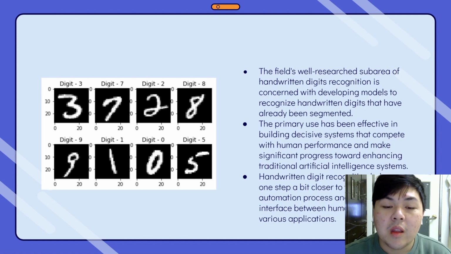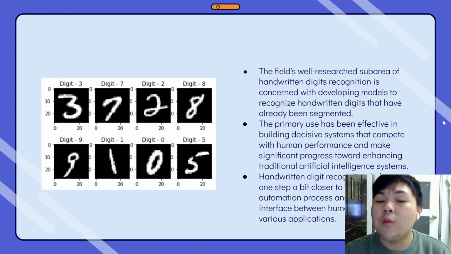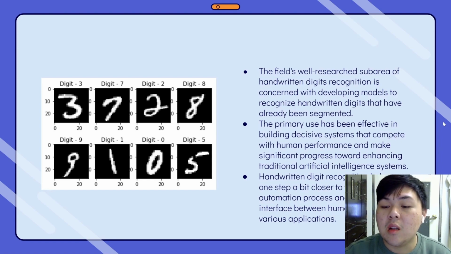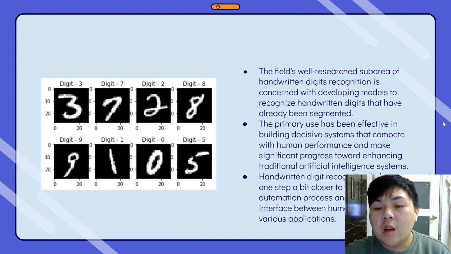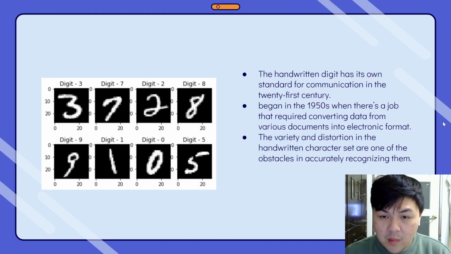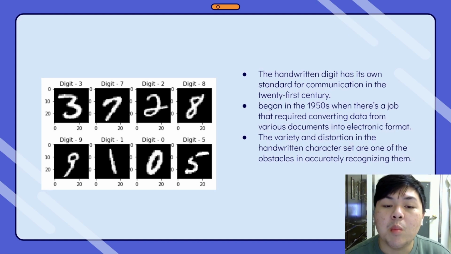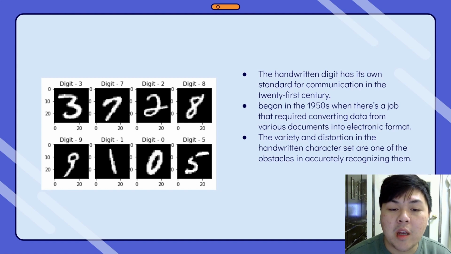In recent years, there are some technologies that have been fascinating and challenging research areas in the field of image processing and pattern recognition, for example handwritten digit recognition. It helps us get one step closer to the era of automation and improves the interface between human and machine in various applications.